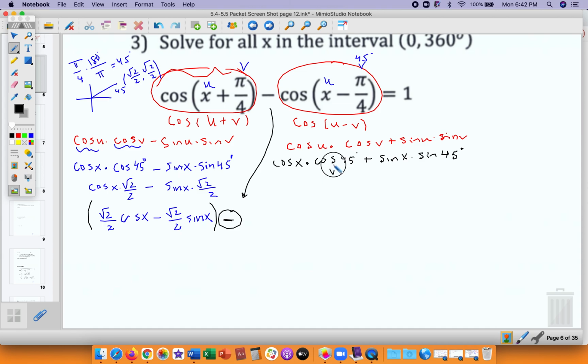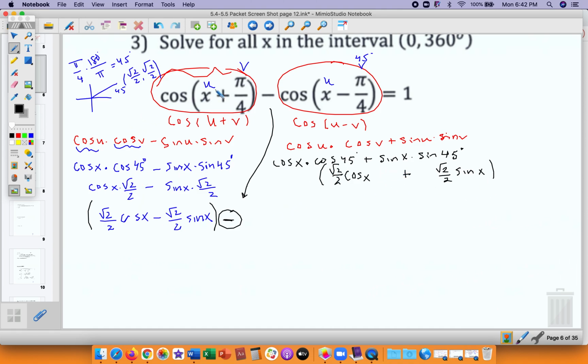So cos 45, again, is root 2 over 2 times cos x, right? So we can write times cos x. Over here, sine 45 is root 2 over 2. And we have sine x. And it says this is a positive. So now that's the other expression.